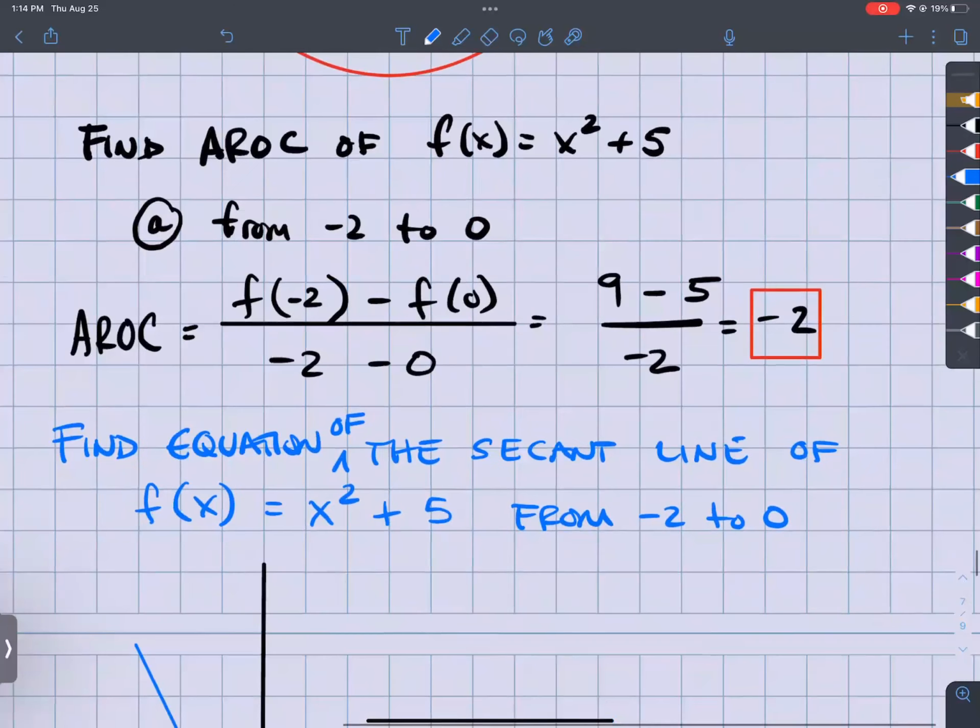But how would you have found it here? Point slope form, yeah. With the average rate of change, you have found a slope. So now you just need a point.